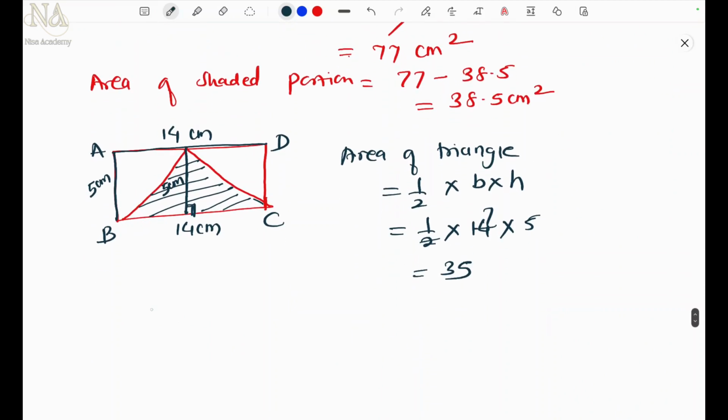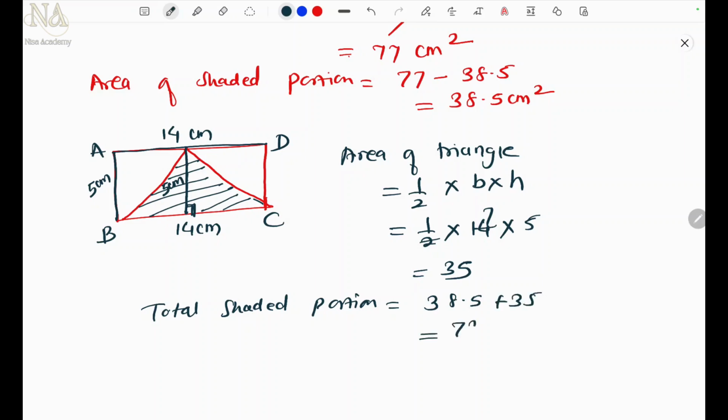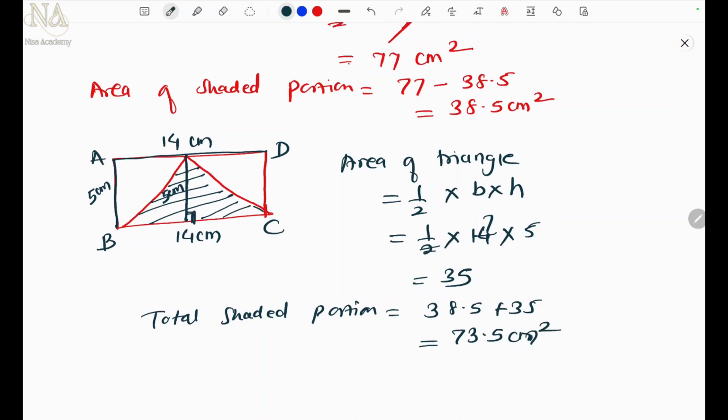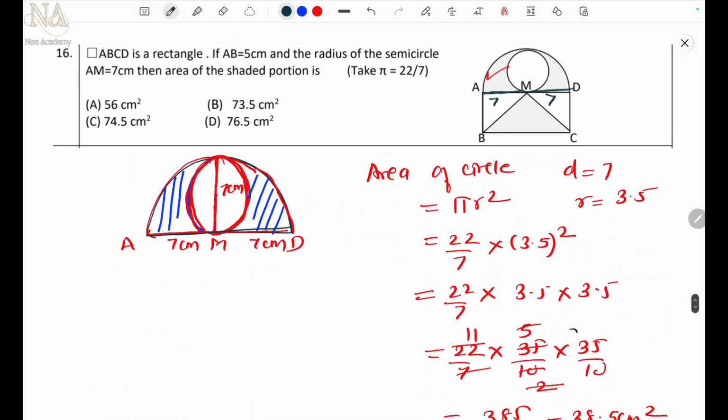So 38.5 plus 35, which is equal to 73.5 centimeter square. So let's see, yes, the option B.